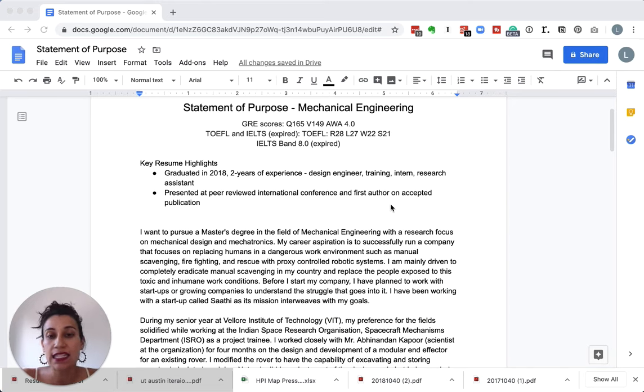And the key takeaway from this essay that I want to highlight is that you really need to make yourself stand above the crowd, because everyone you're applying against has decent scores and a decent amount of experience. So you have to make yourself seem special, seem unique, seem different from the crowd. And so that's what I'm going to focus on in this essay.